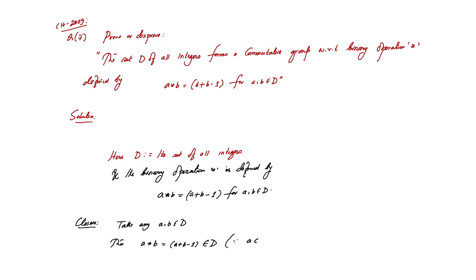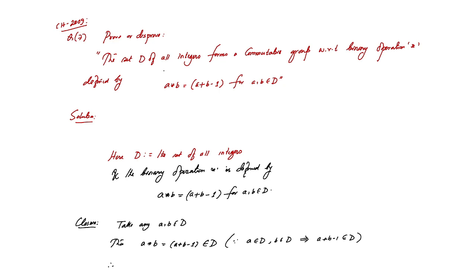Because A belongs to D, D being integers, and B also belongs to D, so A plus B must be an integer. So A plus B minus 1 is also an integer, so it must belong to D.